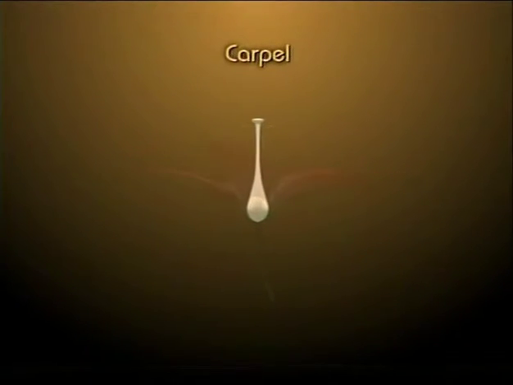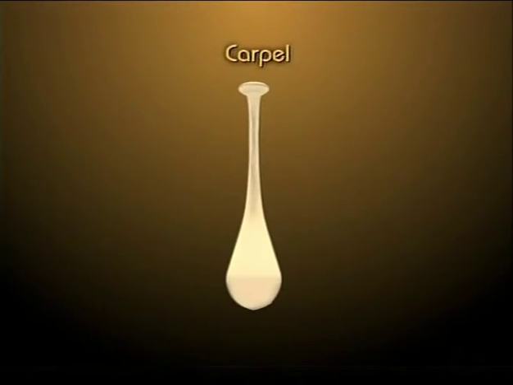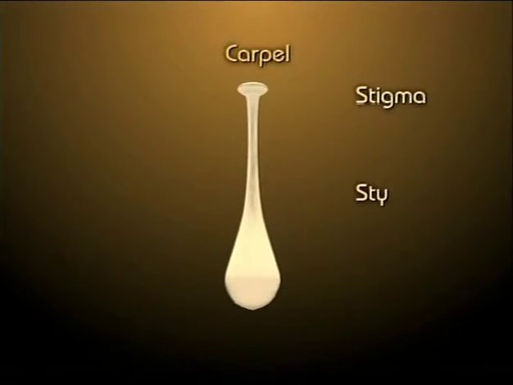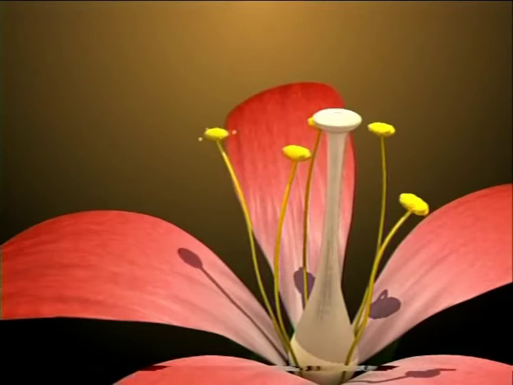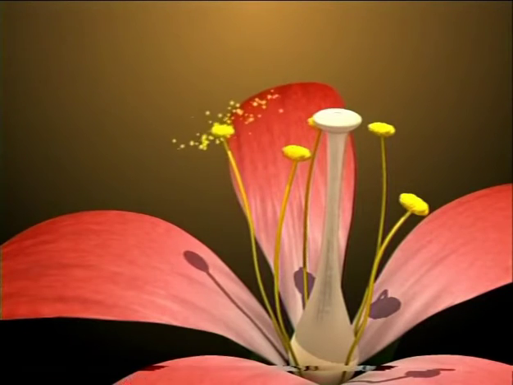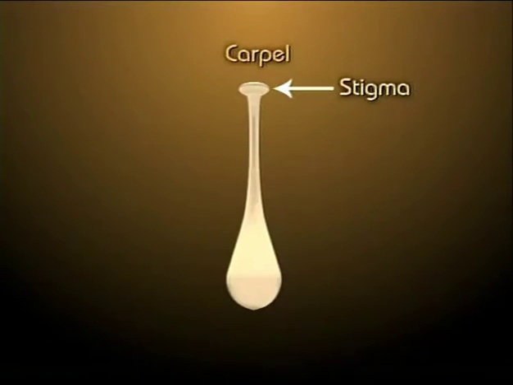In the center of a flower is a flask-shaped organ called carpel. Carpel is the female reproductive organ. It consists of three main parts: stigma, style, and ovary. Stigma receives the pollen grain from the stamen. It is generally sticky so that the pollen grains can stick to it.